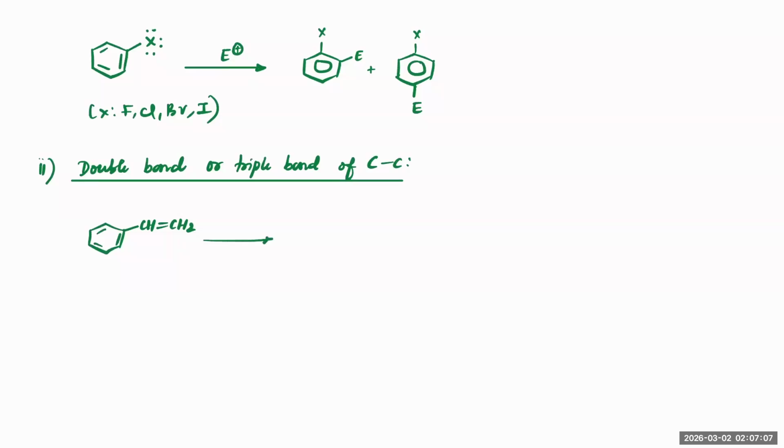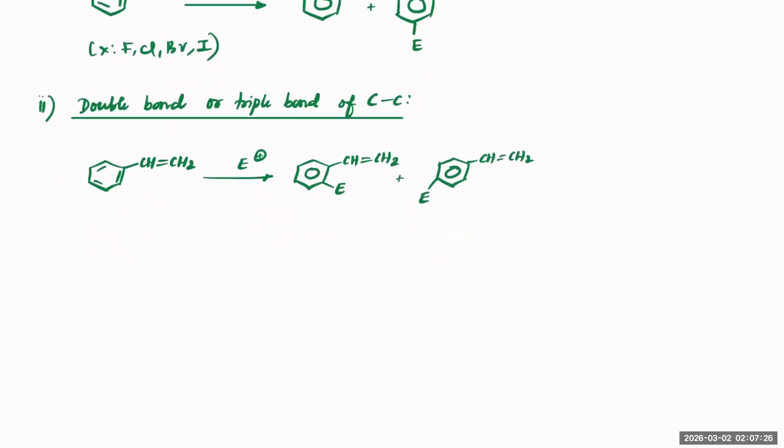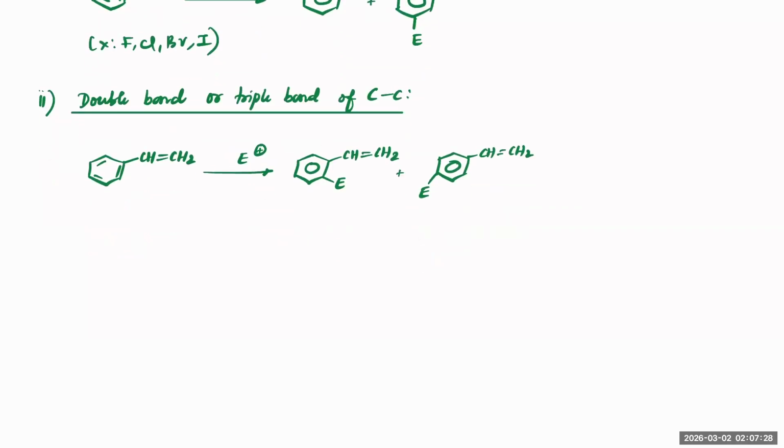If this is asked to attach an electrophile, you will get CH double bond CH2 with an electrophile here at ortho position, and CH double bond CH2 with electrophile at para position. These two are the forms you will notice. Got it?